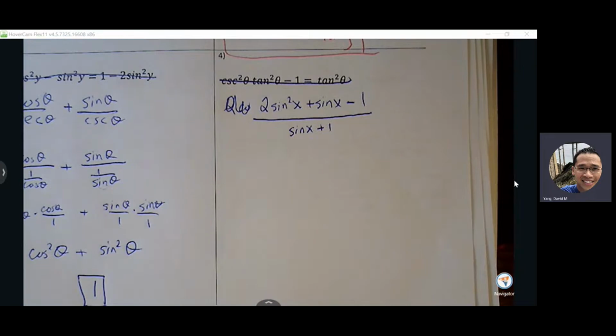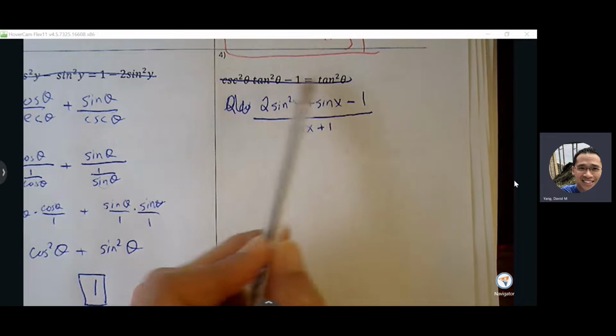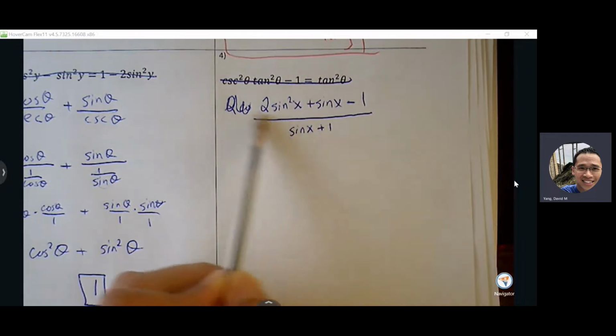Okay, so we're asked to reduce that as much as we can. So we see that we can do something with that numerator there.